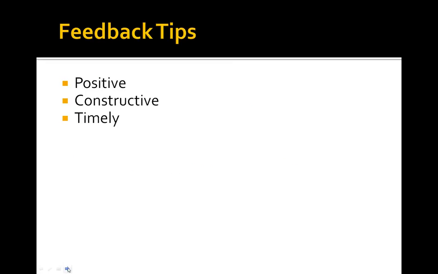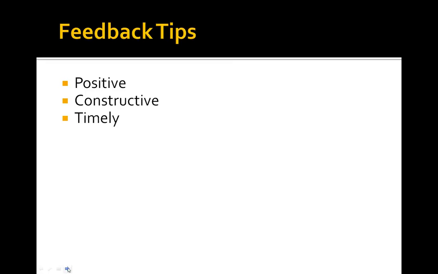And so just a couple or three feedback tips here. Number one, the feedback should be positive. Even if you're trying to be humorous, always try to keep the feedback positive. Feedback should also be constructive, to provide the learner with information that will help him or her improve.